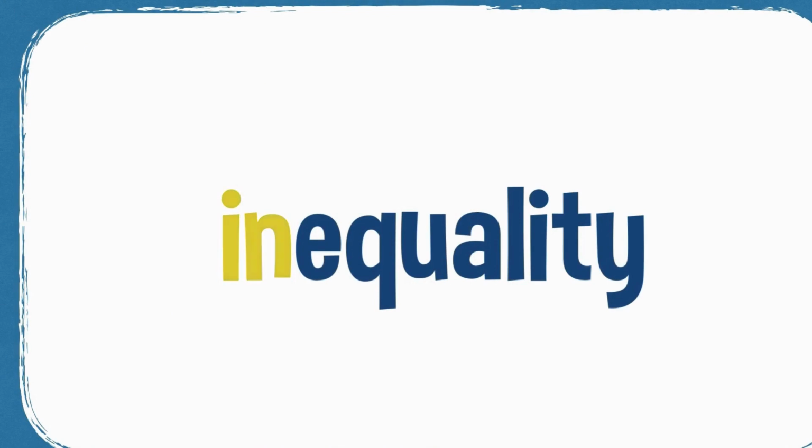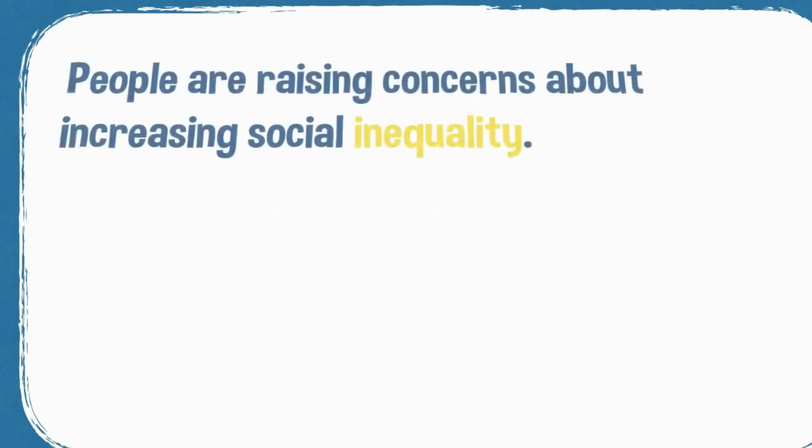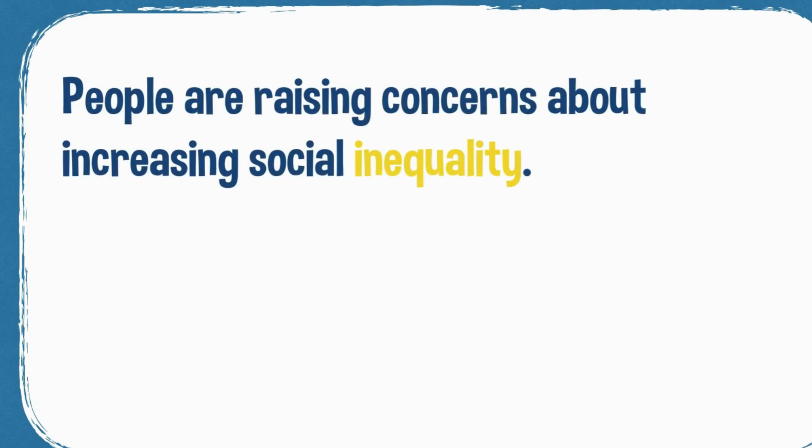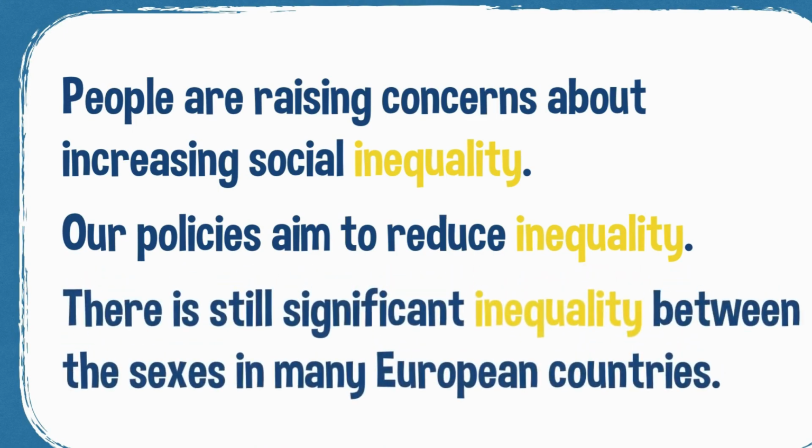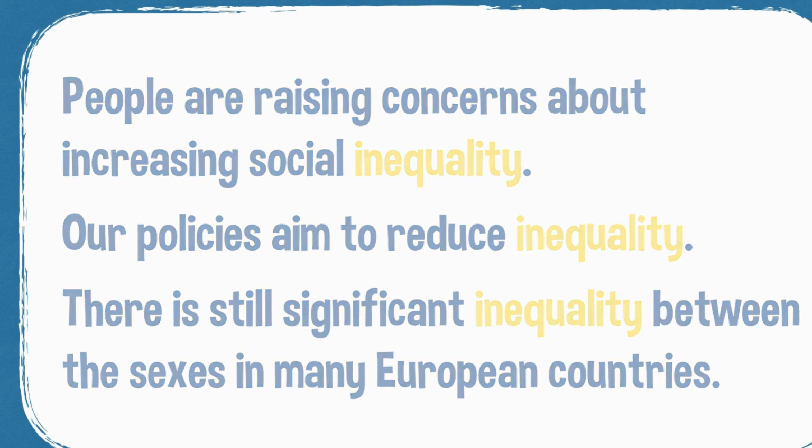So inequality means unequal. So for example, people are raising concerns about increasing social inequality. Our policies aim to reduce inequality. There is still significant inequality between the sexes in many European countries.